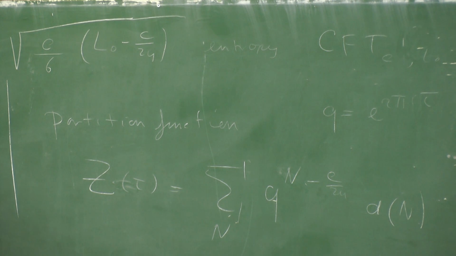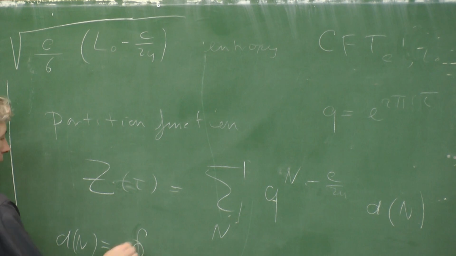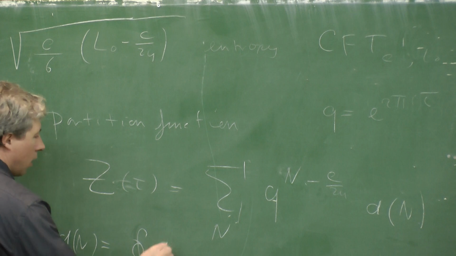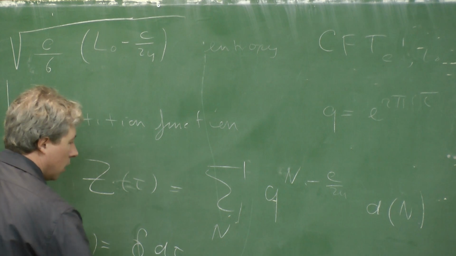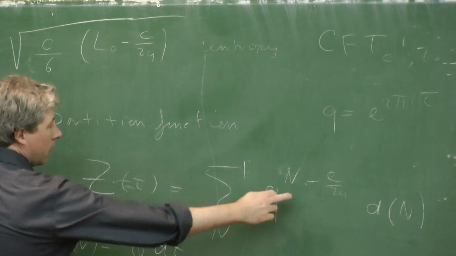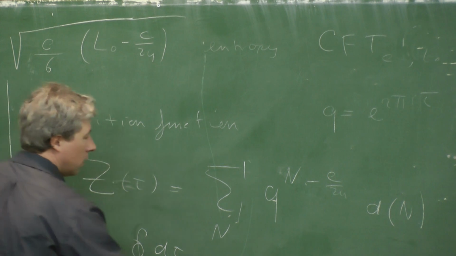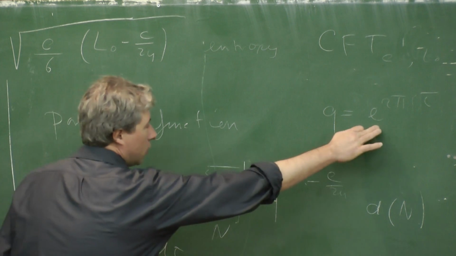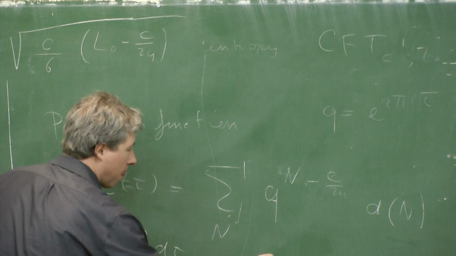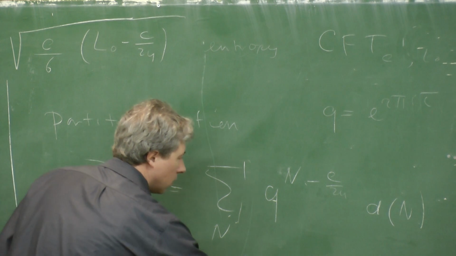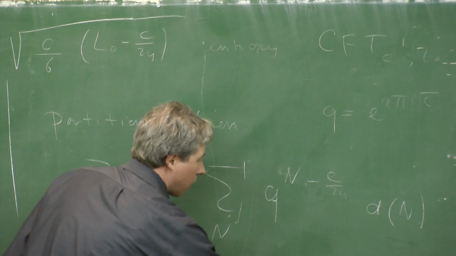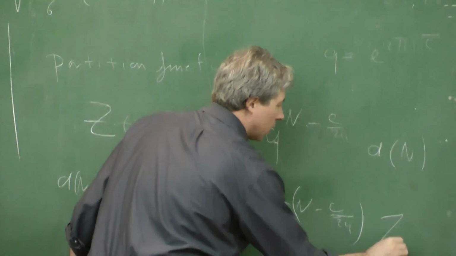So how you can calculate this is by doing a contour integral of the partition function, where I subtract, and let me write it now in terms of tau, and then I write the partition function Z of tau.